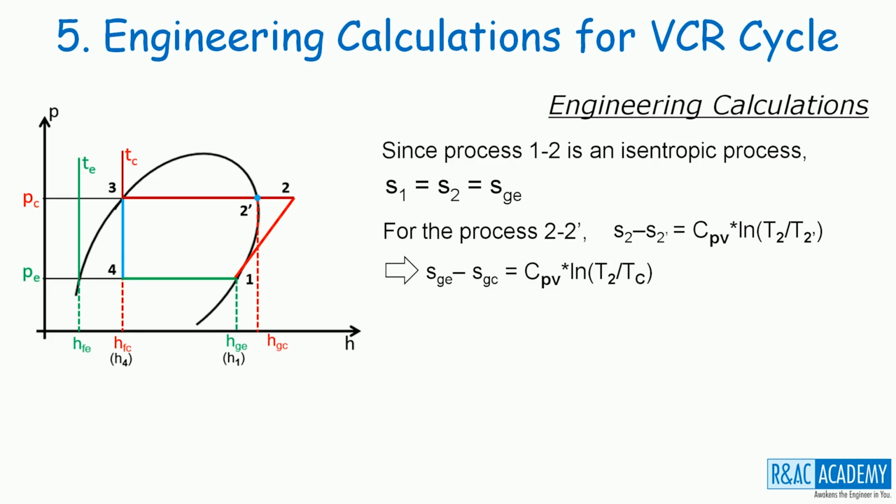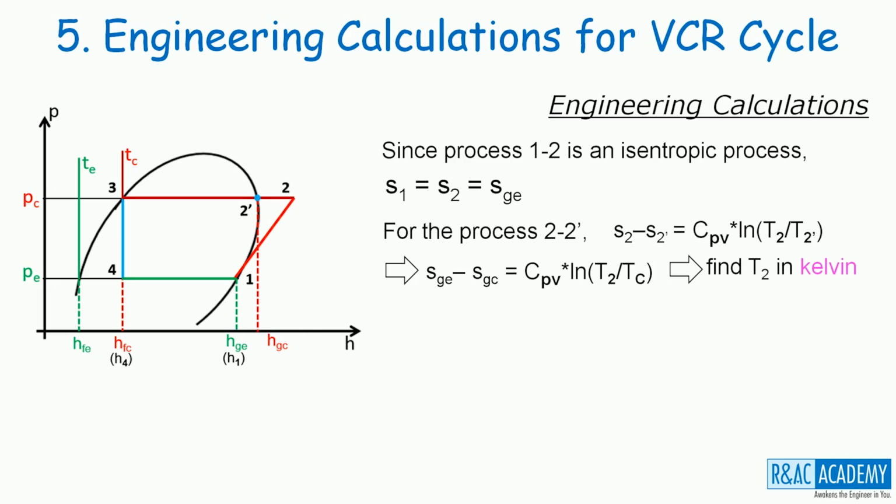Please note here I am using capital T for temperatures. That indicates that the temperatures must be in Kelvin scale only. Therefore, here we have all the terms known, hence the T2 can be found in Kelvin.